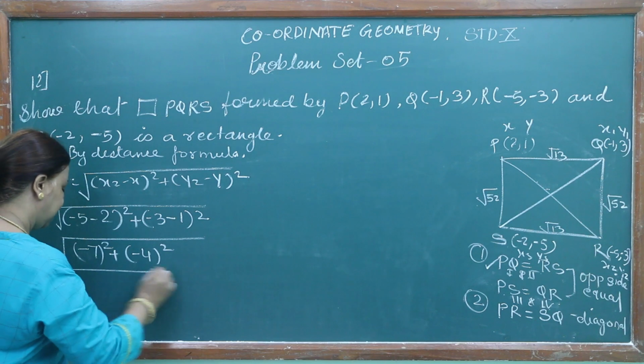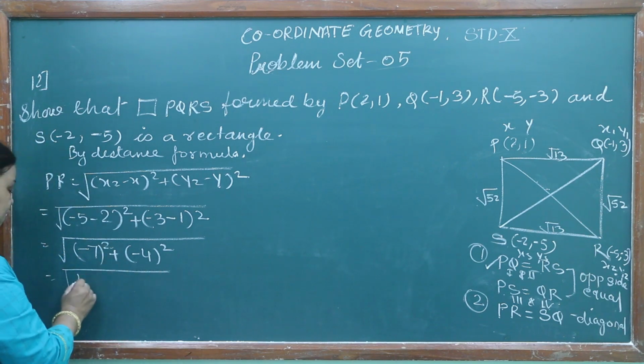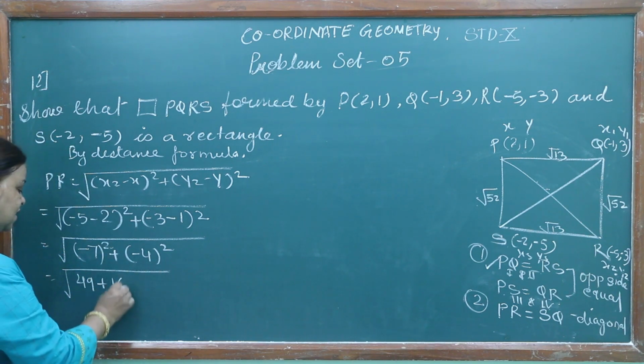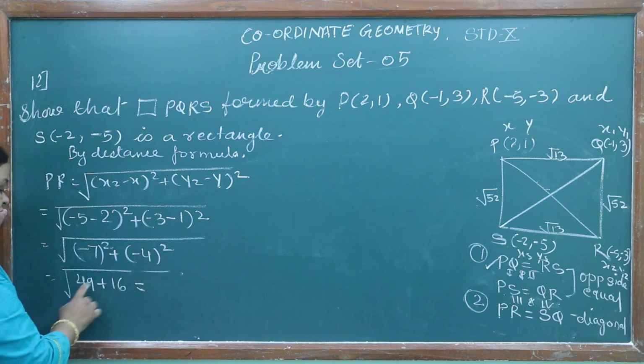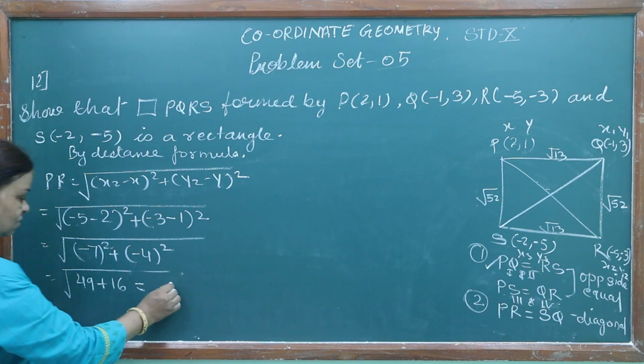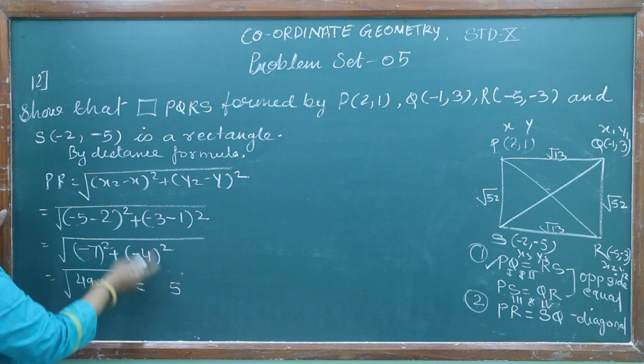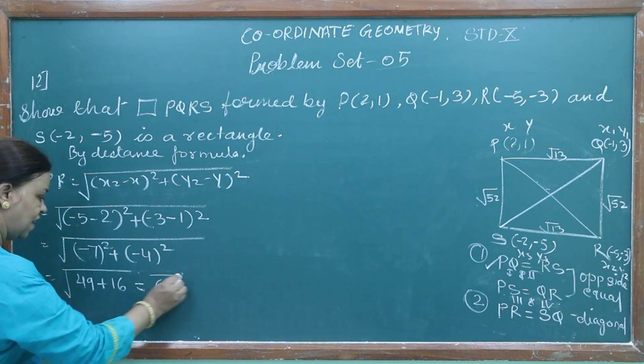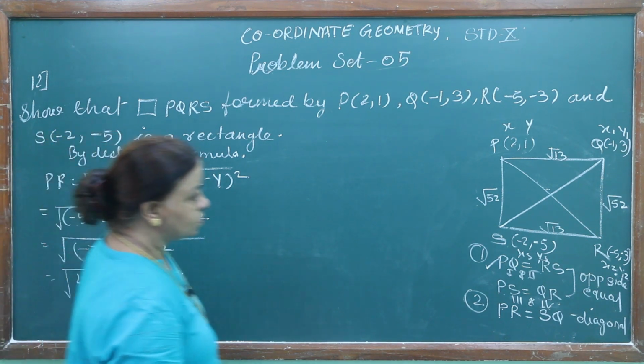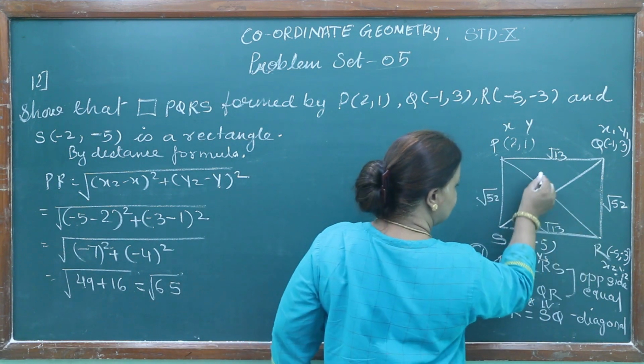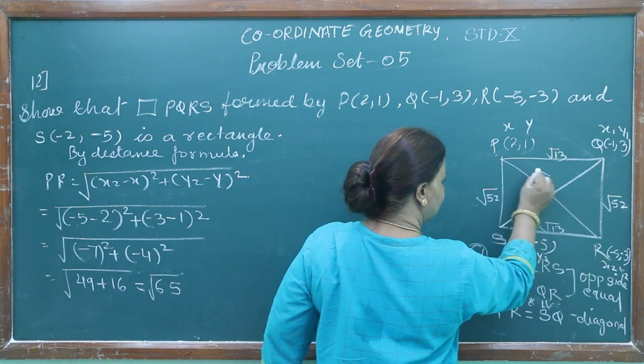So what we will get, minus 7 the whole square is 49 plus 16, and 49 plus 16 is 65, under root 65. So we got PR as under root 65.